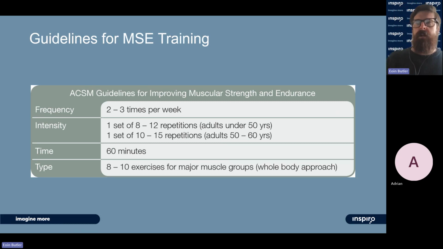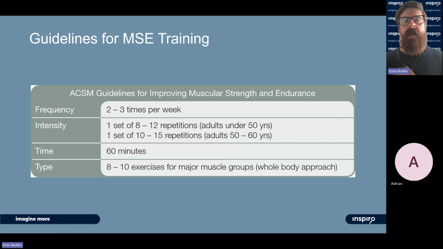If I had a beginner client, first session, and I did 8 to 10 exercises for major muscle groups, and we were looking at strength training, they wouldn't be able to move the next day because of the effects of DOMS. Okay, so we would maybe split sessions. So let's do legs on Monday, chest and arms on Wednesday, and then back and shoulders on Friday, just as an example.